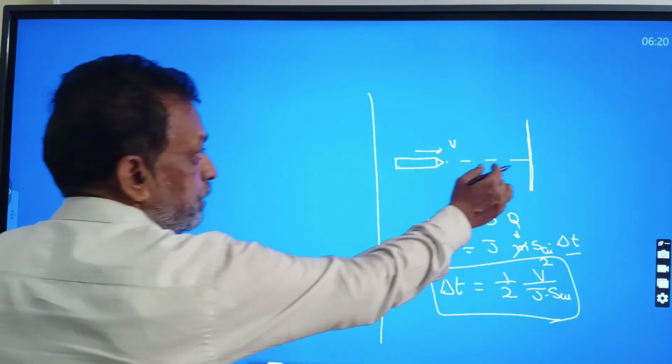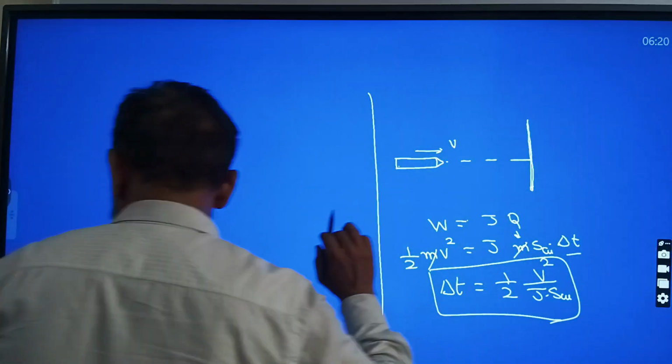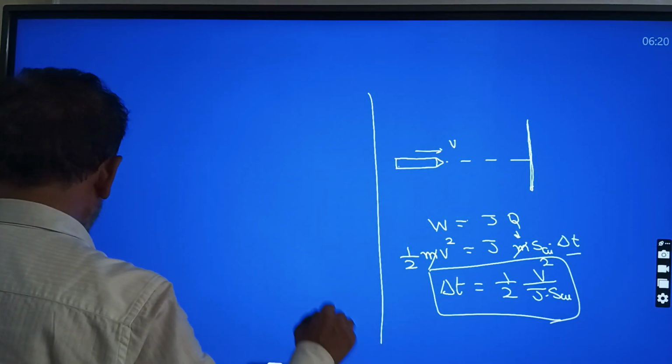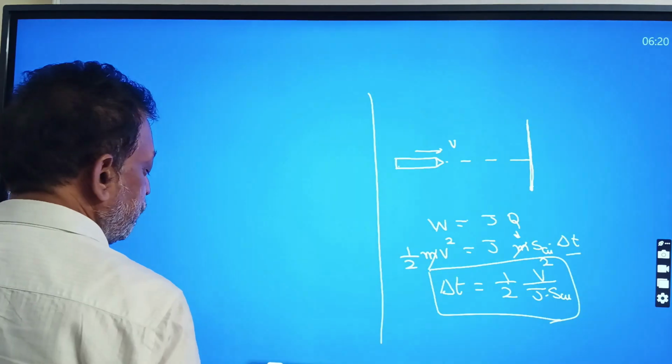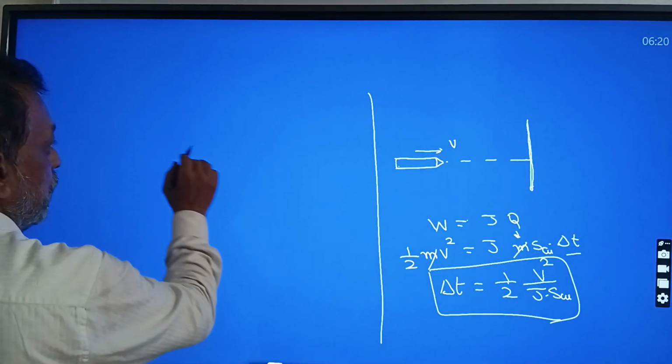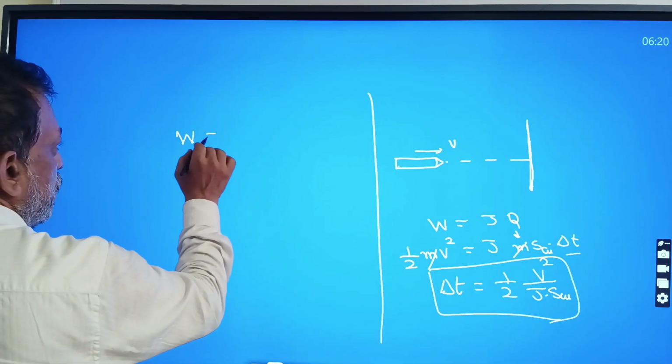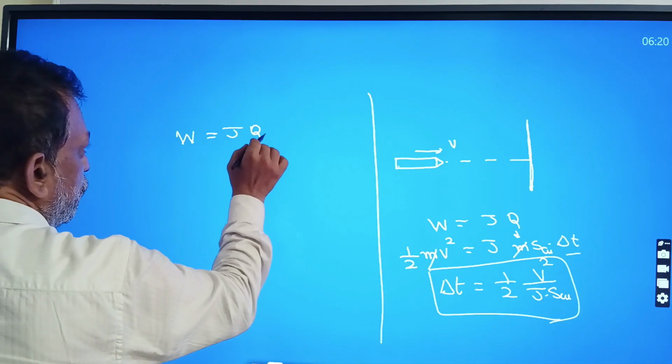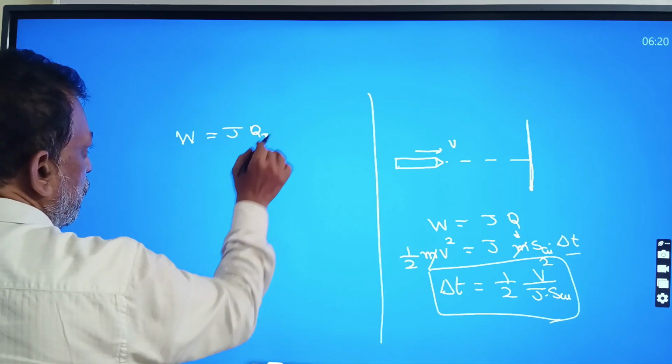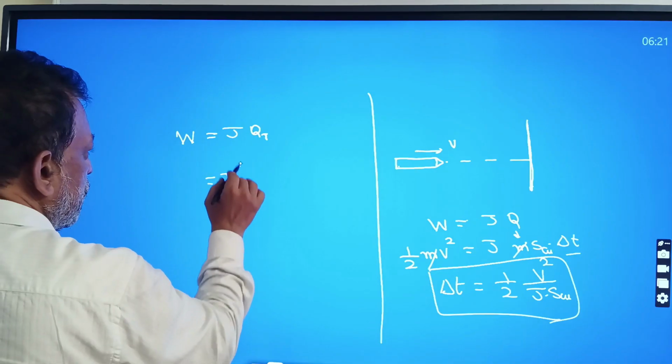So this bullet here is melted. Then what do you get to say? Heat developed or temperature developed. So that means W, work done, is equal to JQ. So J is a constant.